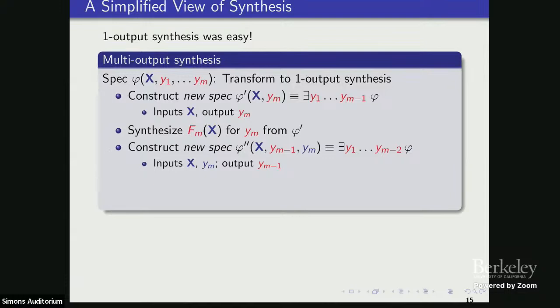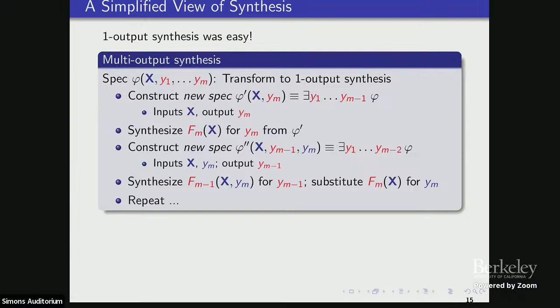So I can just treat this as ym minus 1 is the only output, x and ym are the inputs. I can get the Skolem function in terms of x and ym. And because I have already found out ym in terms of x, I can substitute it and get the Skolem function for ym minus 1. And I can keep repeatedly doing this.